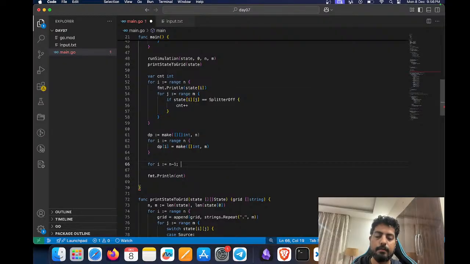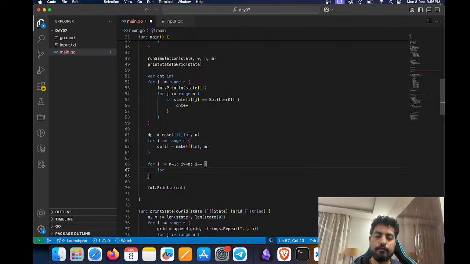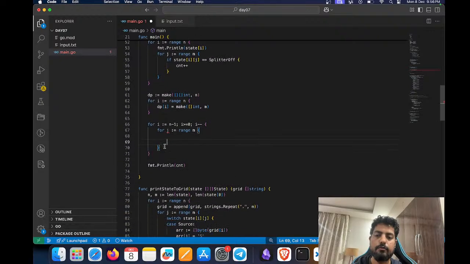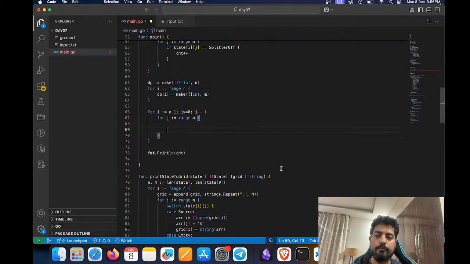So we start from the end now. We iterate over all the rows, start from the end, and switch state.